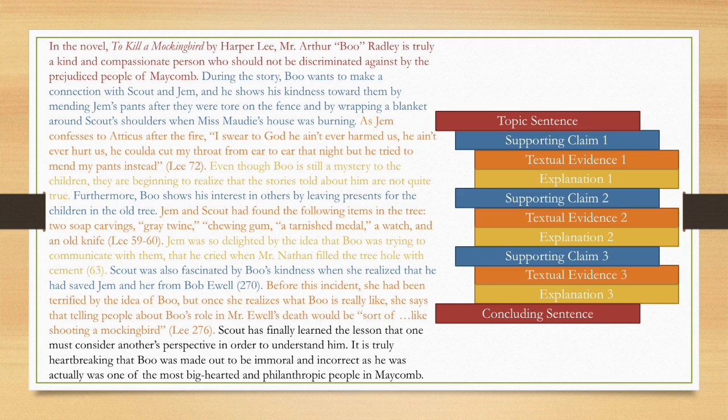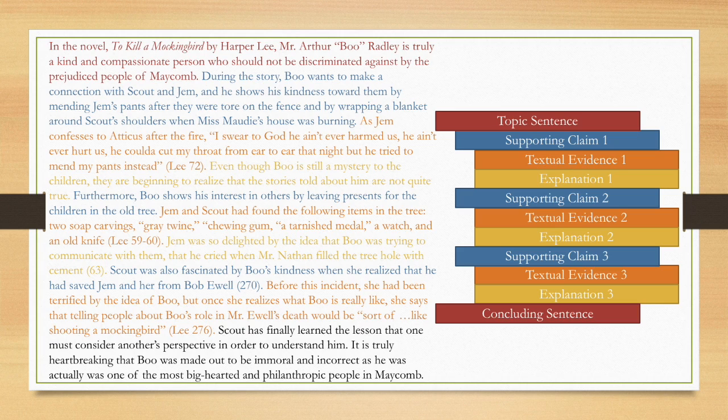So here we have another piece of textual evidence, and we know that because we have a quote, right, "sort of like shooting a mockingbird." And here we are providing proof that Scout is fascinated by Boo's kindness, and this third reason and proof shows that overall Boo Radley is a truly kind and compassionate person.